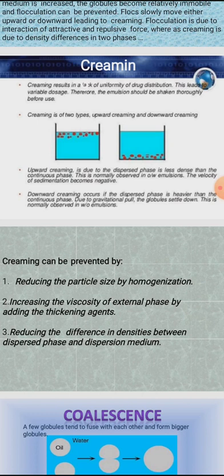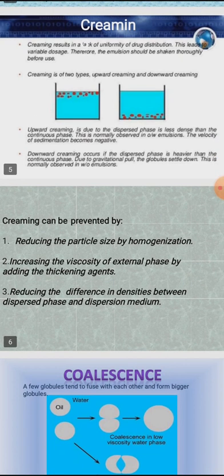Creaming can be influenced by three factors: globule size, viscosity of dispersion medium, and difference in density of dispersed phase and dispersion medium.